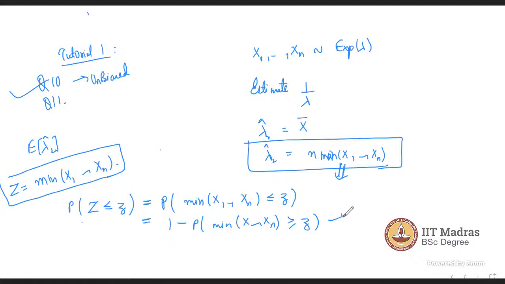Is this step fine? Usually for greater than or equal to z, we go for 1 minus less than or equal to z. Sorry, that was by mistake.